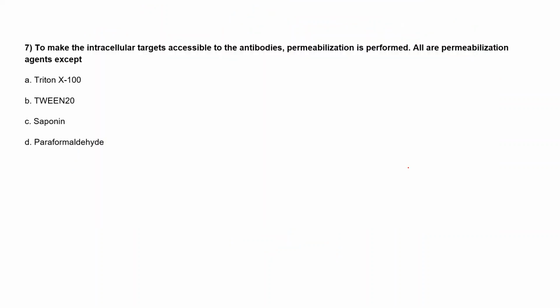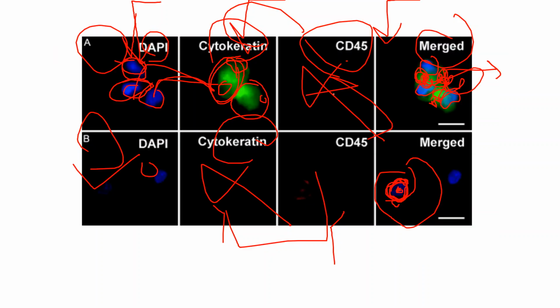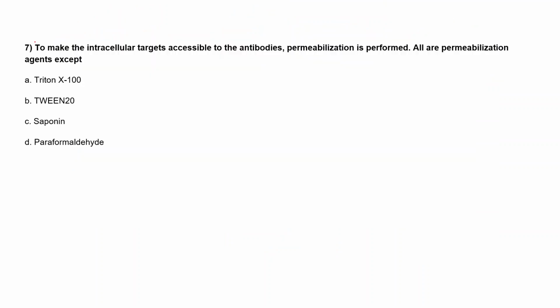So this is the immunostaining, right? Next question is to make the intracellular target, because these proteins are not present outside. These are present inside the cells. To reach this intracellular target, the antibody has to access the inside of the cells, right?